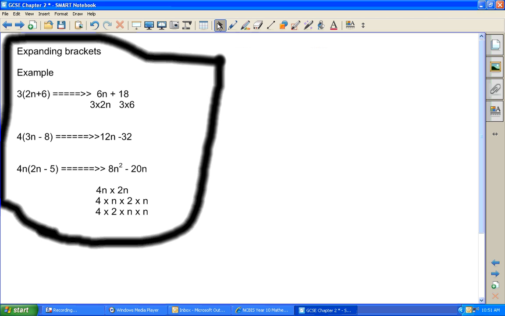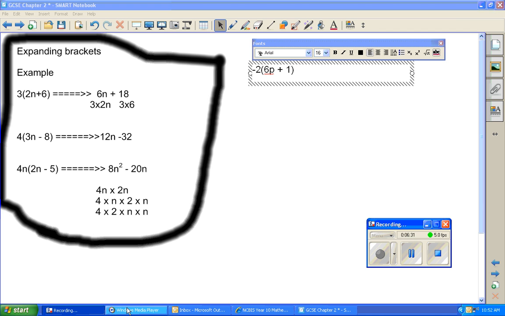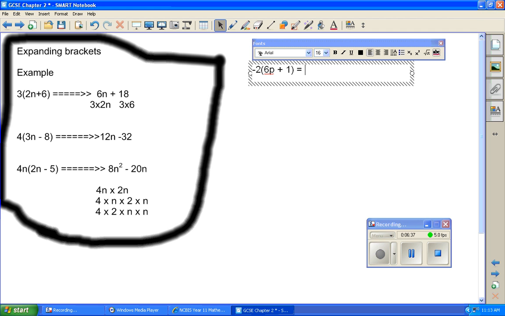Now there are some special cases, not particularly special cases, but students tend to get them wrong. Let's have a look. Minus 2 times (6p + 1).